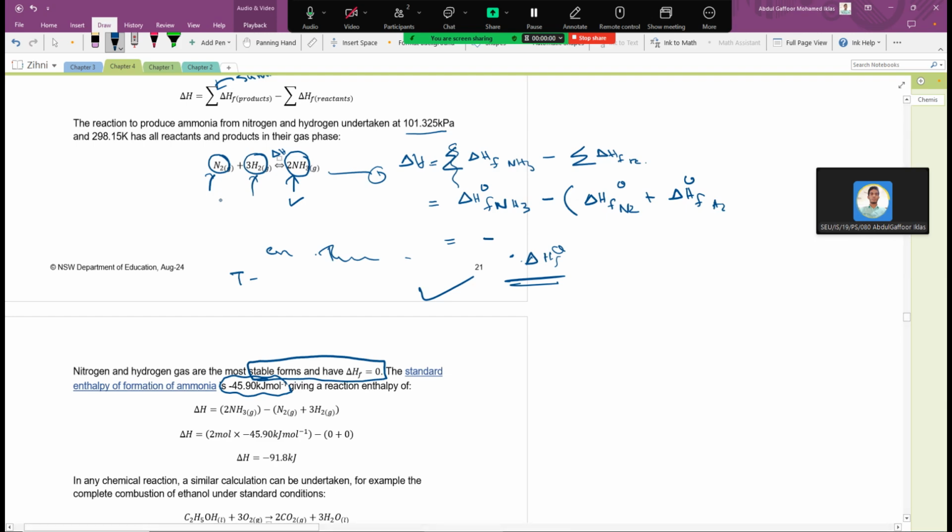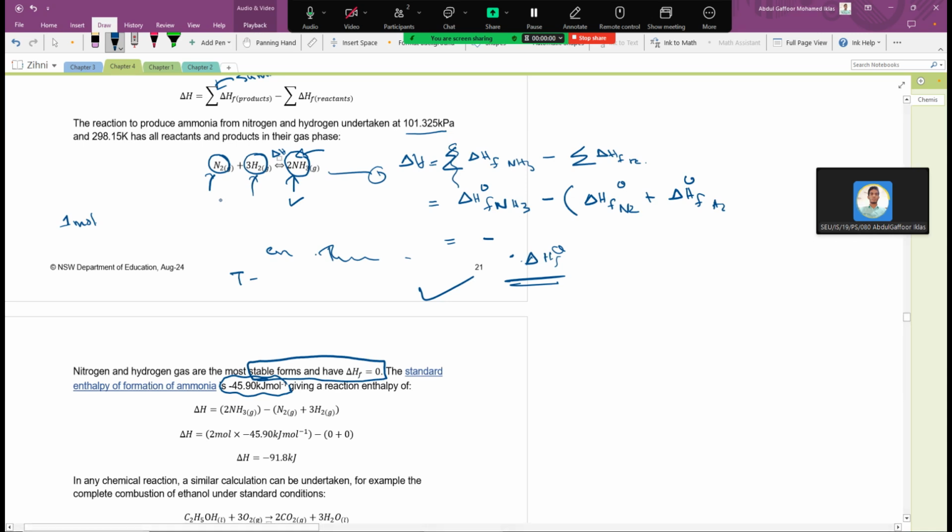Now there is another thing also, right? We have studied that the standard formation enthalpy is defined for only 1 mole. But how many moles of ammonia do we have here? You have 2 moles, right?